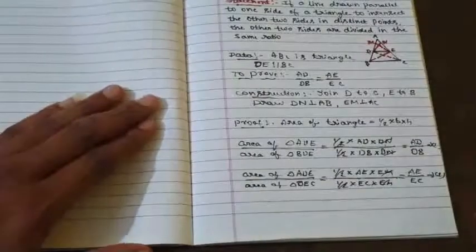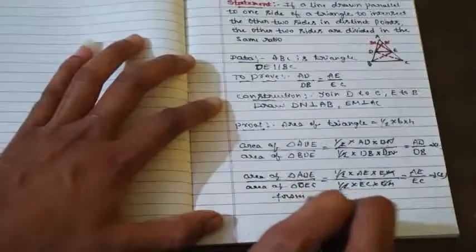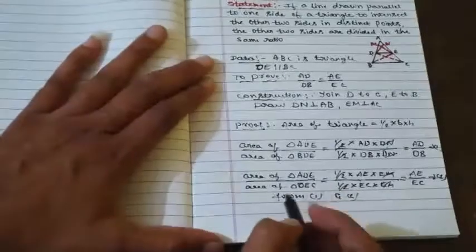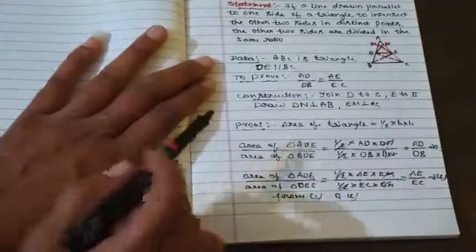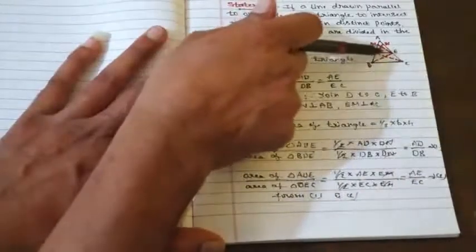Now you need to write down a simple statement from equations 1 and 2. Here you need to write like this, because the area of triangle BDE will be equal to the area of triangle DEC, because both have only one common base.